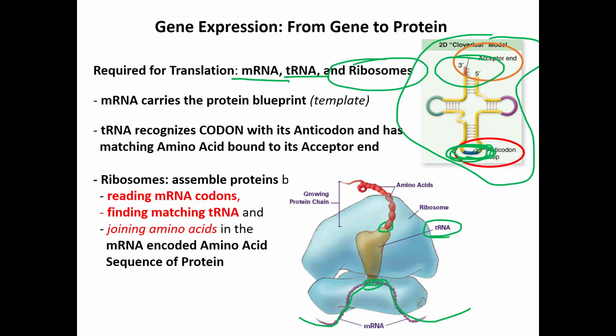So in the end, we get that long chain of amino acids that was previously encoded in the nucleotide sequence of the messenger RNA, and of course with that also in the nucleotide sequence of the coding strand of the DNA.